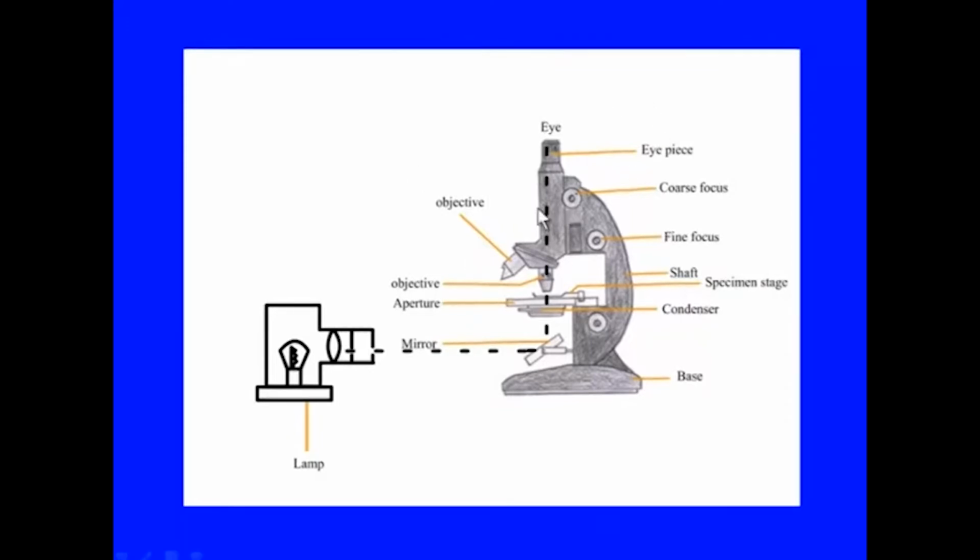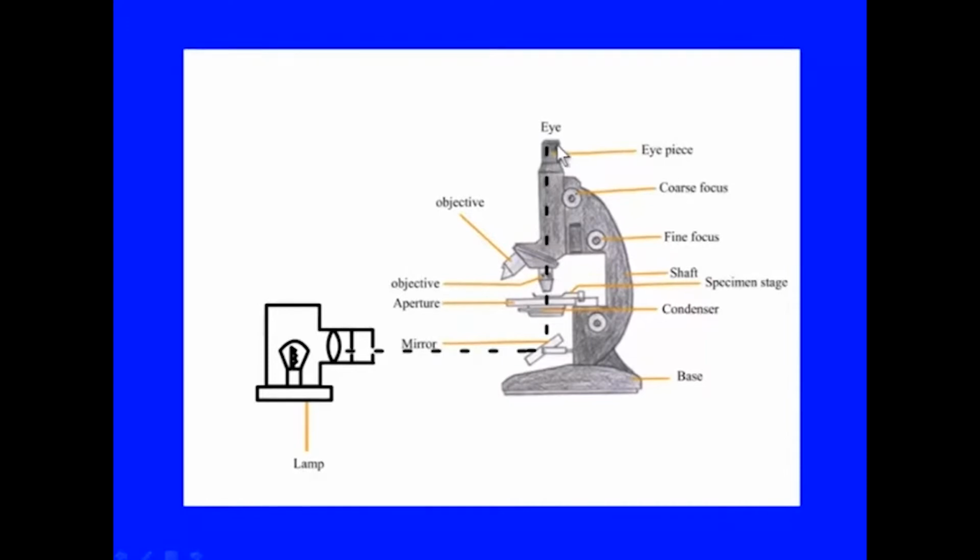But in infinity corrected optics, there is the option to put in auxiliary components like a prism or polarizer or other things, without any problems in the image. The mechanical tube length is defined from the nose piece where it is threaded till where the eyepiece is attached.